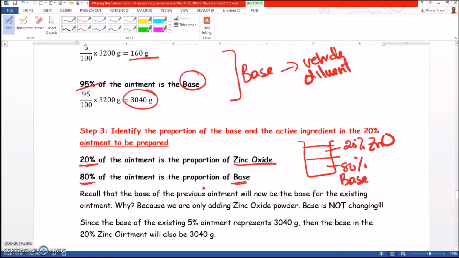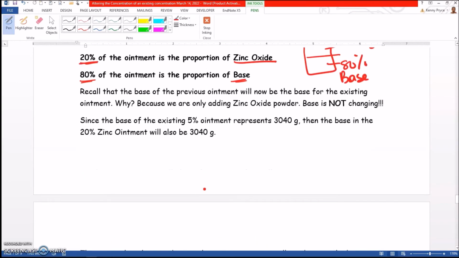It's still there. So it simply means then that the base is not changing. All that is changing is the zinc oxide that's already there, because we're adding zinc oxide powder to the existing ointment. But what is not changing is the base. So the base that we started off with is the same base we're going to end up with, because we're not removing it from the existing ointment.